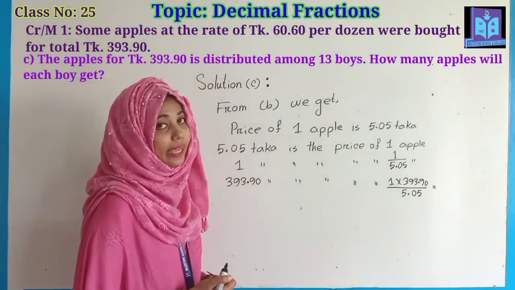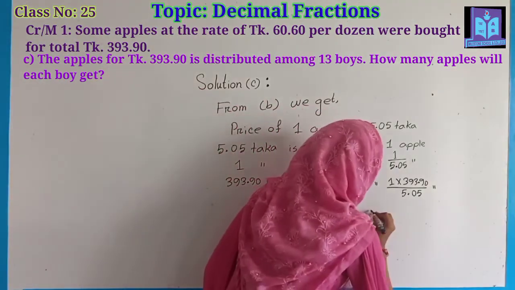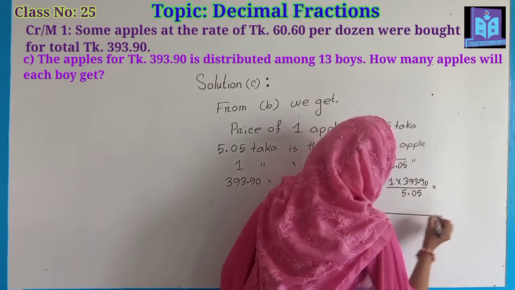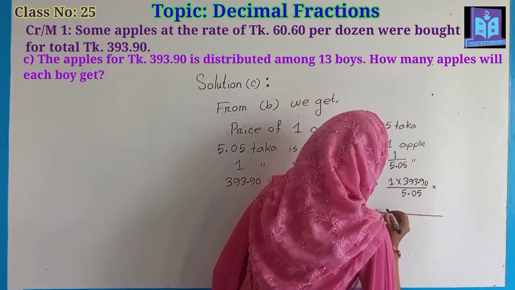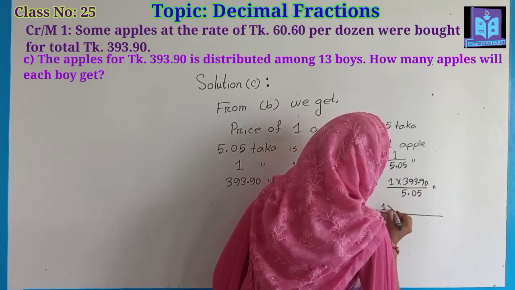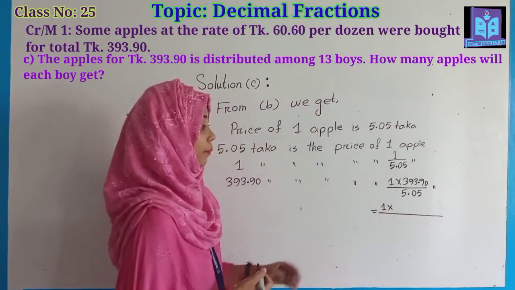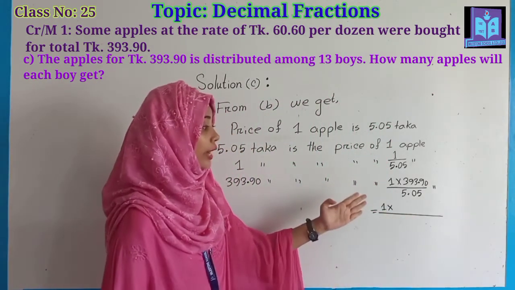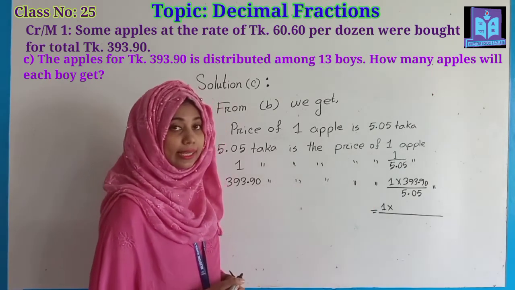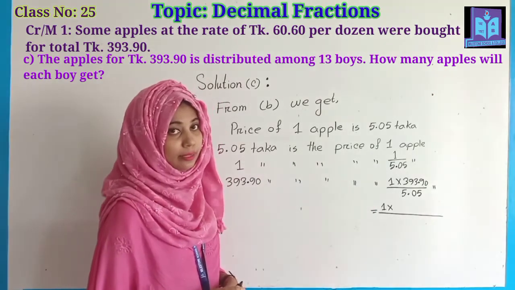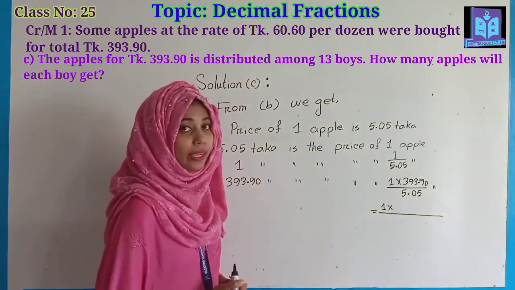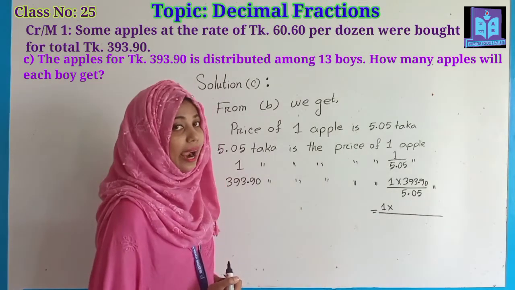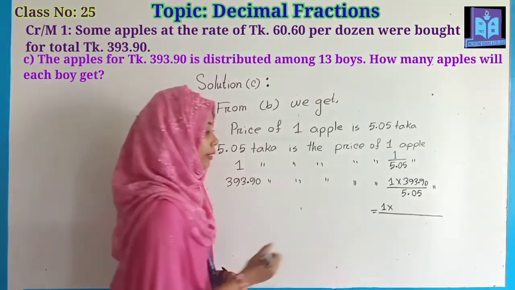Let's do the calculation. Above the fraction bar there is 1 into another number, 393.90, which is a decimal fraction. For this point, you can write 1 under the fraction bar.